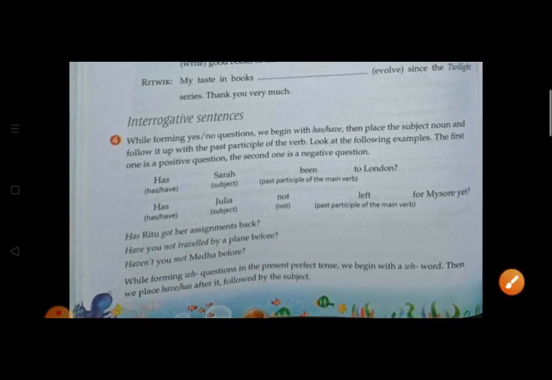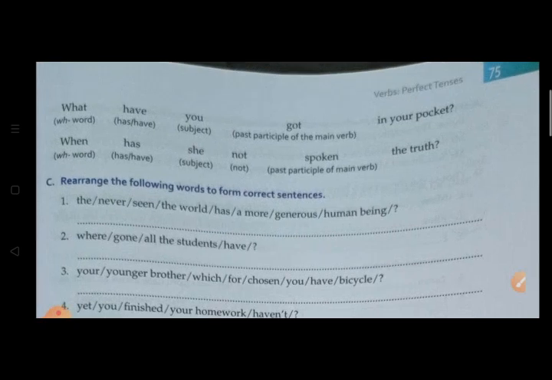And while we are forming WH questions in the present perfect tense, we begin with WH word. Then we place has or have after it followed by the subject. So let's see the formation over here.